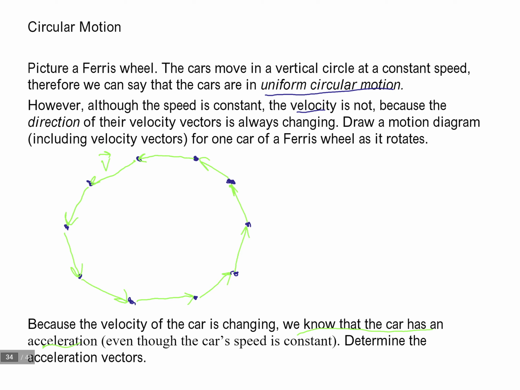Okay, so let's say, I'm going to go back to the green color here. Let's say that this is the final velocity here, and this is the initial velocity here. Okay, so we have initial velocity, final velocity. What you do is you take the initial velocity vector and you reverse it, and you put it head to tail on the final velocity vector.